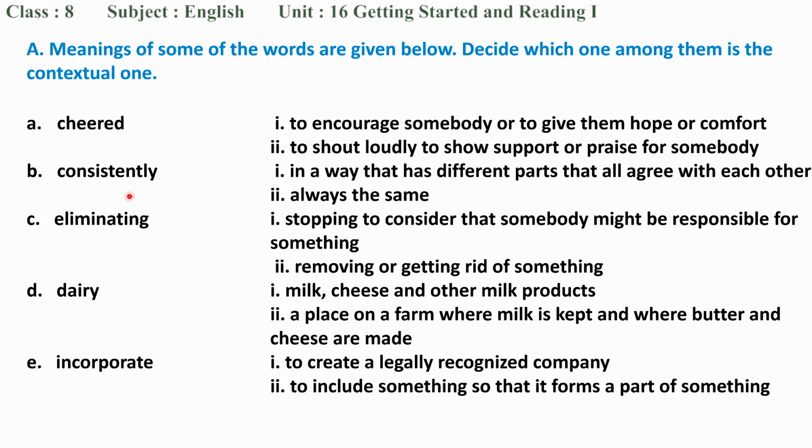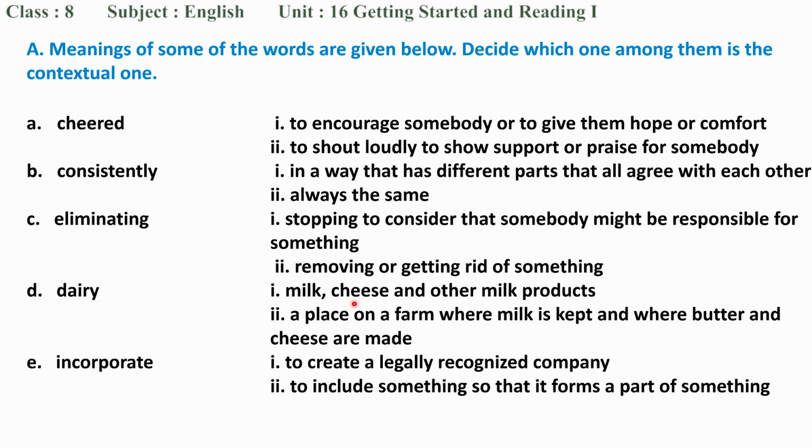Okay. Now consistently. 1. In a way that has different parts that all agree with each other. 2. Always the same. Now next one, eliminating. 1. Stopping to consider that somebody might be responsible for something, or 2. Removing or getting rid of something.